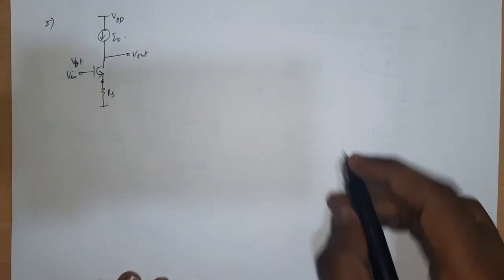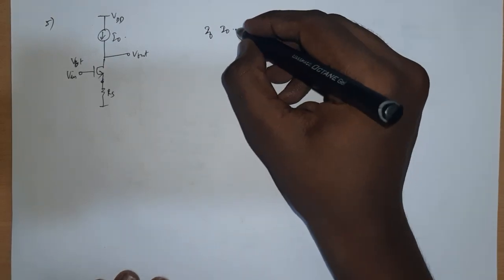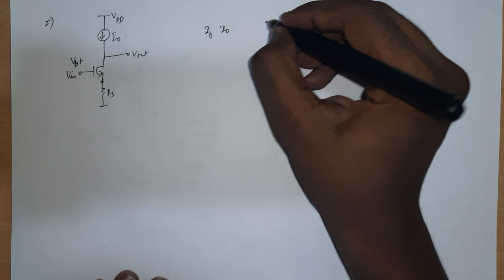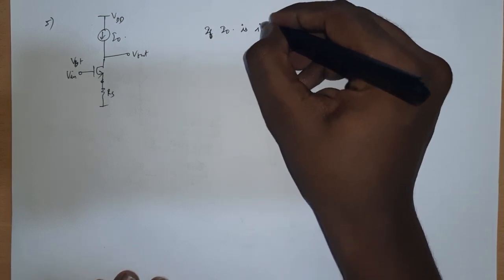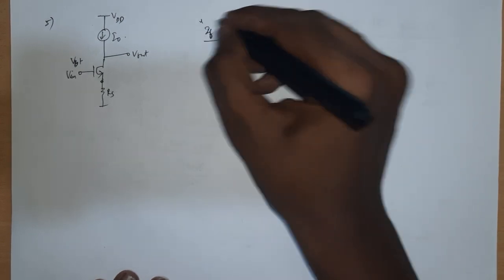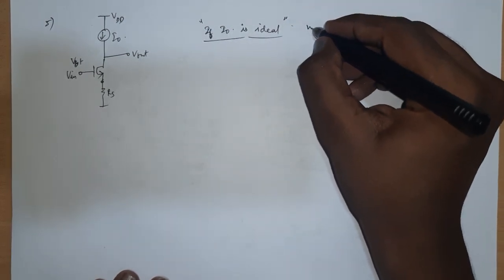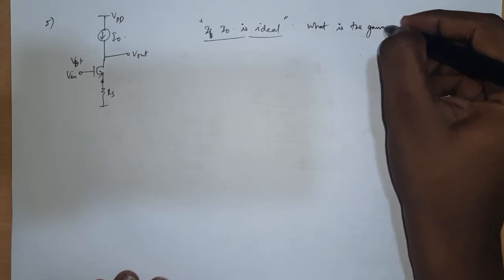First of all, if I naught is ideal, what is the gain?